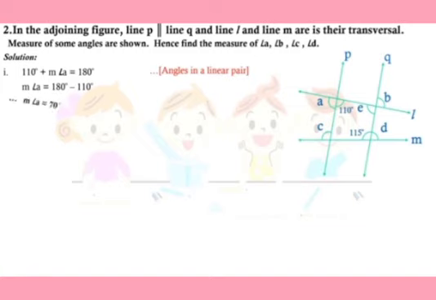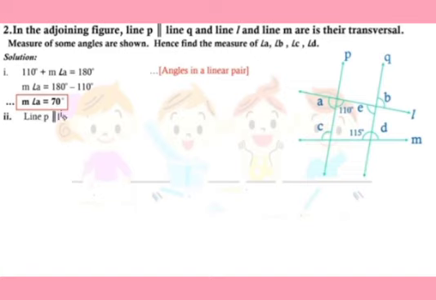Here 110 will be minus because it is moving from left to right. So after subtracting, we get here measure of angle A is equal to 70 degree. 180 minus 110 gives us 70 degree. So students, here we have calculated measure of angle A is equal to 70 degree.